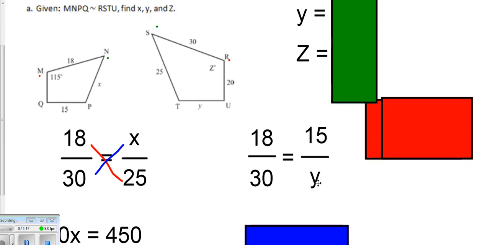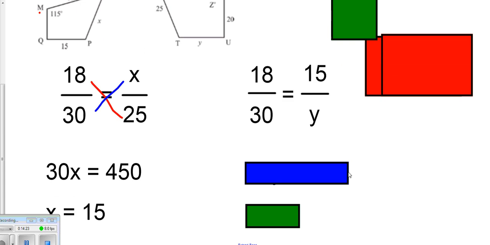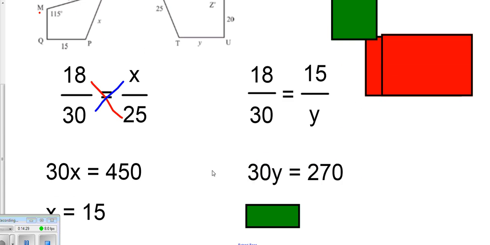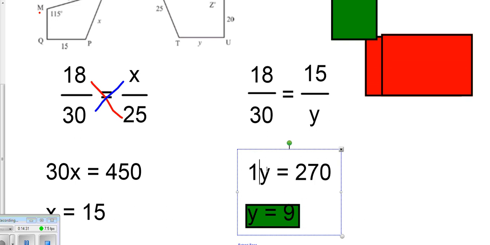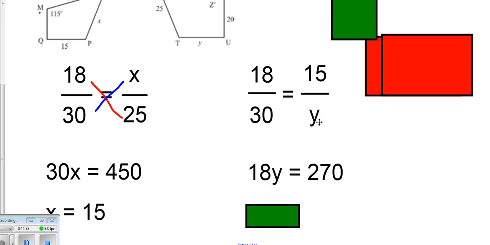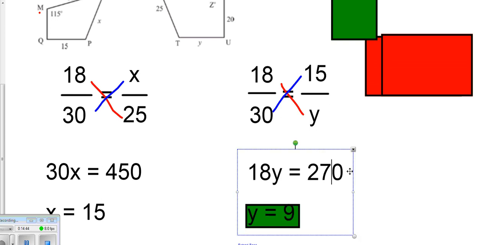Again, you always need to match up. 30 and y are on the bigger one, so these should match up on the bottom. I think that's going to change my equation now. Yep, I did that wrong. 18y, because 18 times y when we cross multiply. There we go. 18y is going to come out to 450.